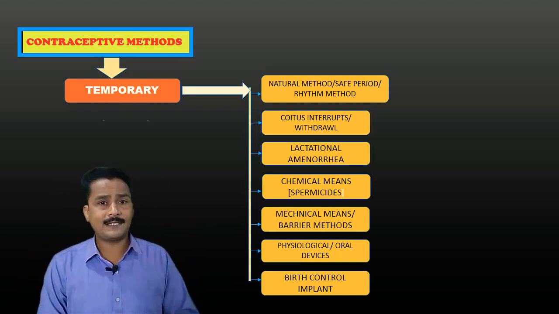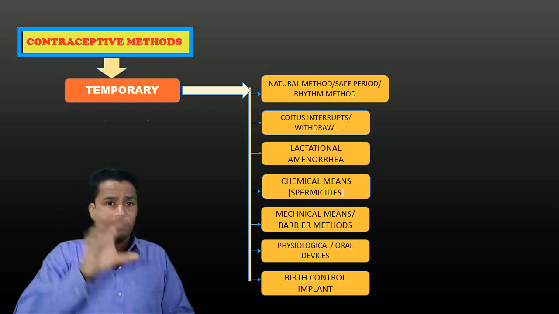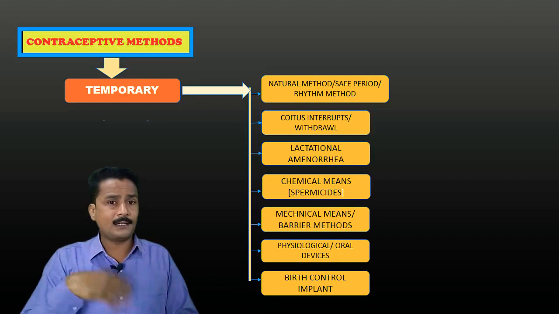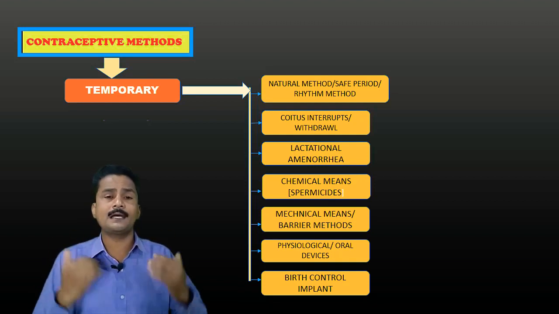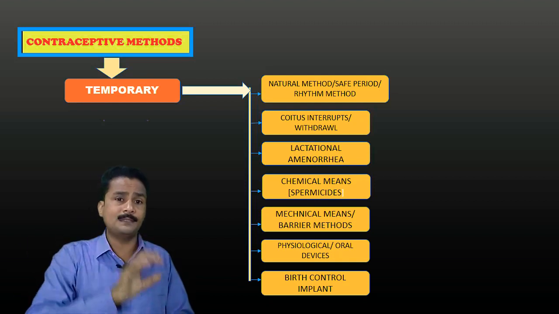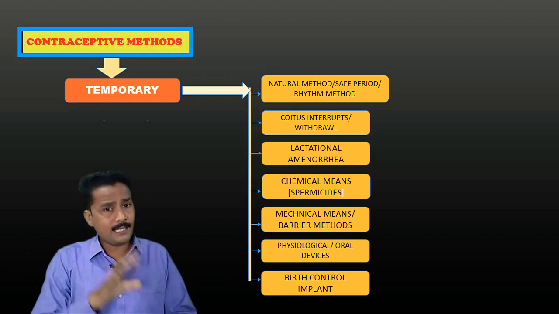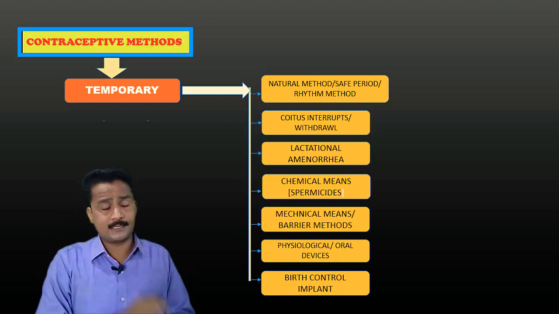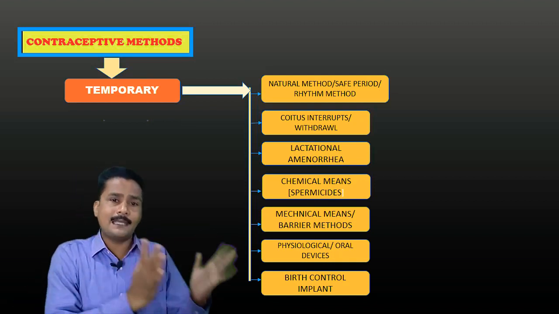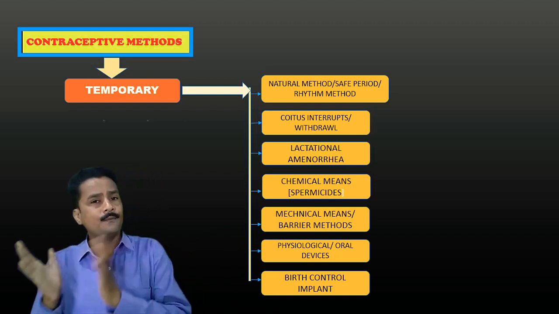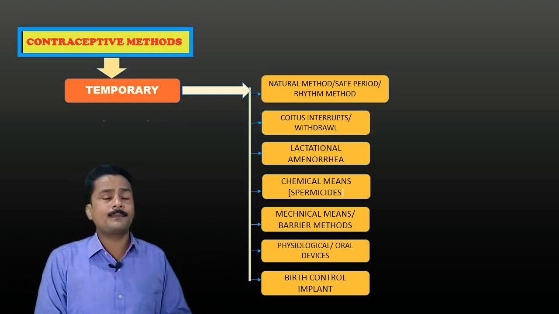What is meant by lactational amenorrhea? In a female who has undergone parturition, after the parturition that female shows an intense lactational period for the breastfeeding of the newborn child. In that female, ovulation does not occur during that period. That period may be variable. In some females it may be a few weeks, in others a few months.